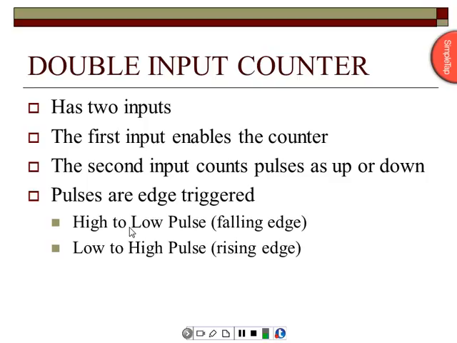The pulses are edge triggered. So for anybody that's had digital that understands edge triggering, if you don't, I'm going to explain it real easy. It is only going to work when you are throwing the switch up, or the input is going high, or the input is going low. So if we're talking about that beam, it's either going to count when the beam is cut, so the can hits the thing and blocks the beam, or it's going to be counted as the beams reconnect on the other side.